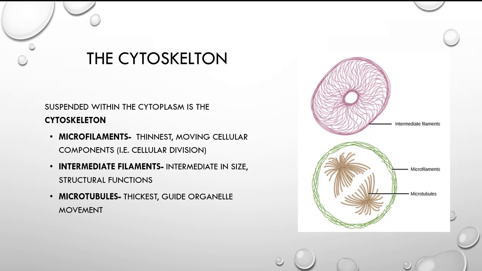So the microfilaments help with that, dividing all of the little components inside of the cell. That is part of their function, to help move cellular components around, especially during cellular division.